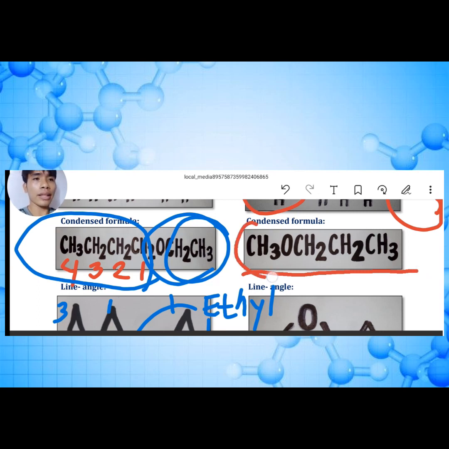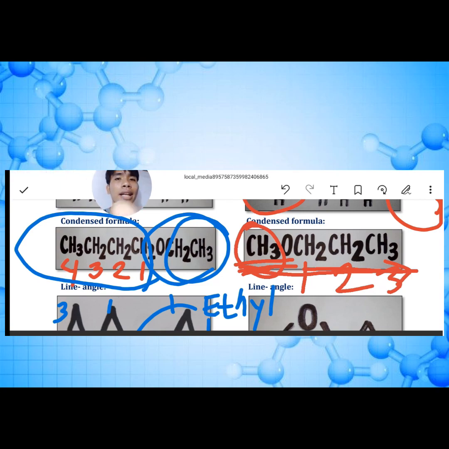So this CH3, or the 1 carbon here bonded to the oxygen, is also called an oxygen substituent. So this is the methyl group. Then on the other side is the propane group, composed of 3 carbons, 1, 2, and 3.